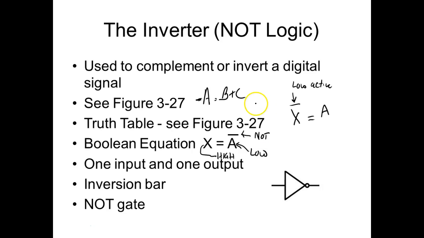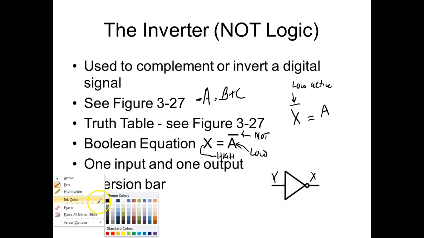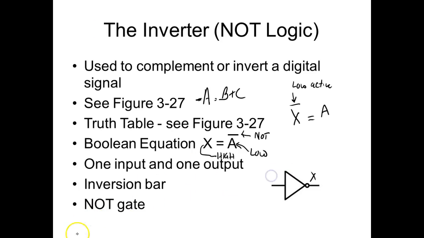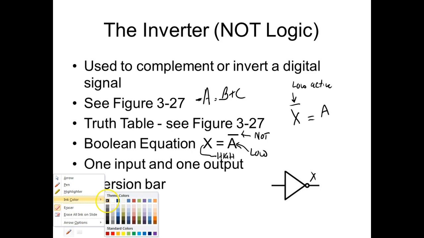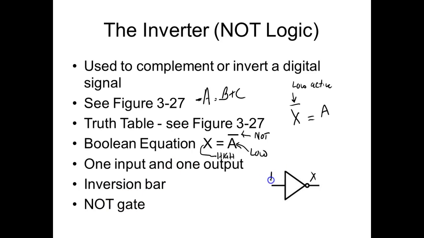But what most people want to do, since this is X and this is A, what's the common mistake people will do? Since that's got that bubble right there, that bubble means it's low active.